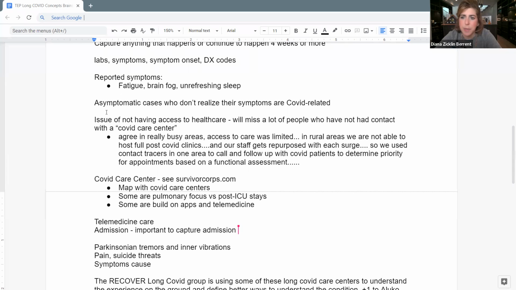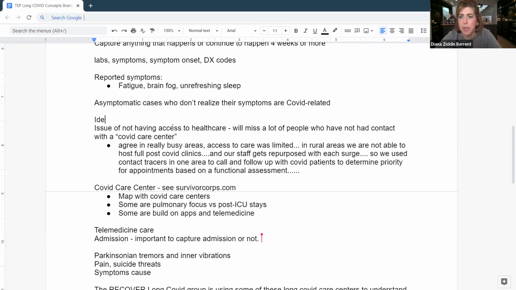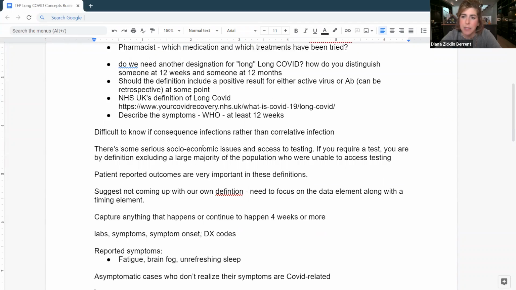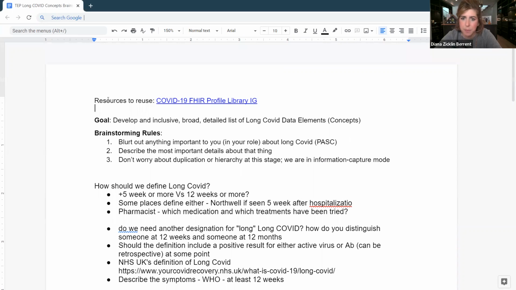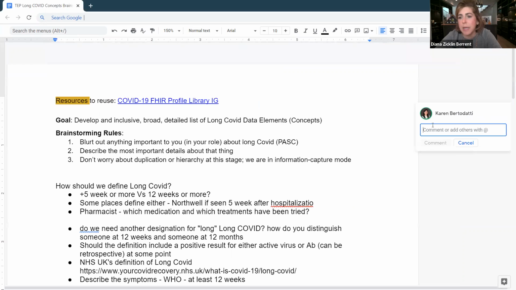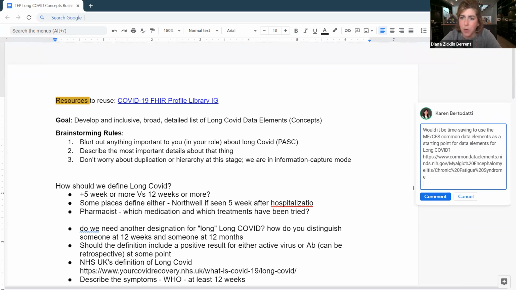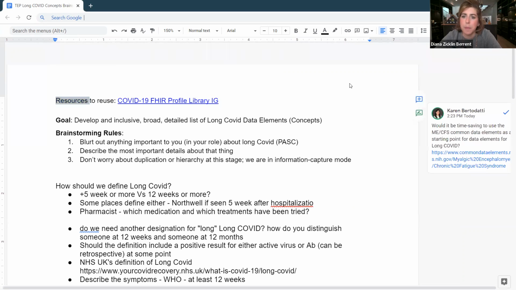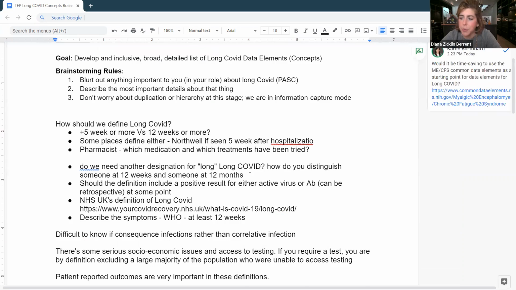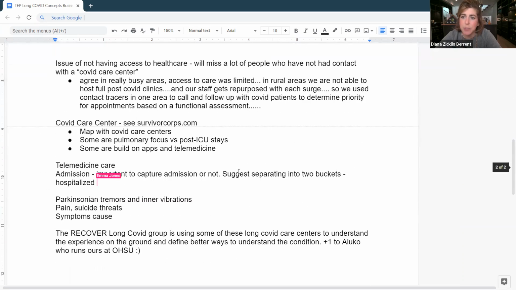I agree. I think it's worth separating into two buckets of people. From the beginning, we have really seen a different disease trajectory in long COVID among hospitalized patients versus non-hospitalized patients. Not entirely, there's obviously crossover, but those who were not hospitalized do have lung damage, but not in the same way. We're seeing more neurological effects.